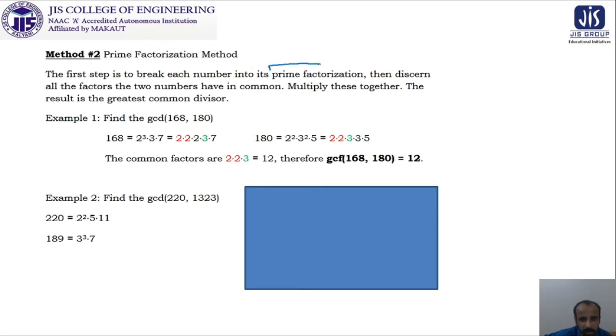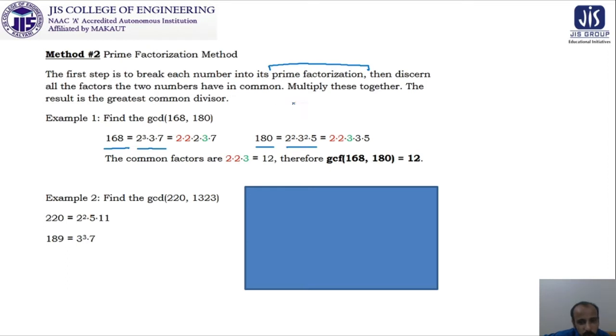into its prime factorization. So we are taking 168. 168 can be written as 2 cube into 3 into 7. Look at this, 2, 3 and 7 are all primes. And 180 can be written as 2 square, 3 square into 5. This process tells us how many 2's are common in both cases.